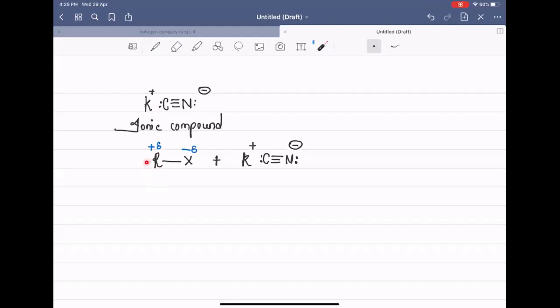Now remember, R is a carbon containing structure. And you know that when one carbon combines with another carbon, the bond formed is very strong and the bond enthalpy is also very high. In short, it is thermodynamically more favorable for carbon to combine with another carbon rather than nitrogen combining with carbon.